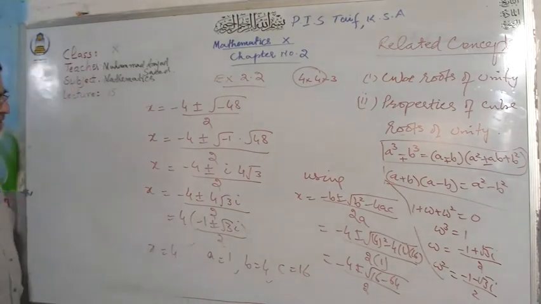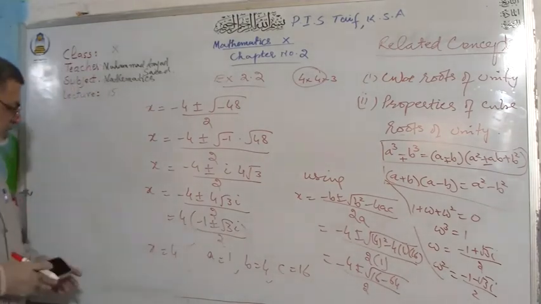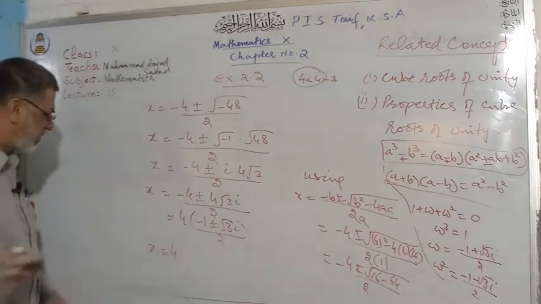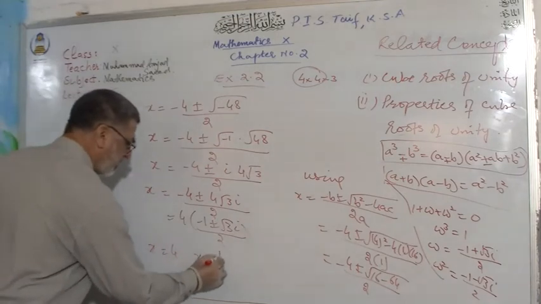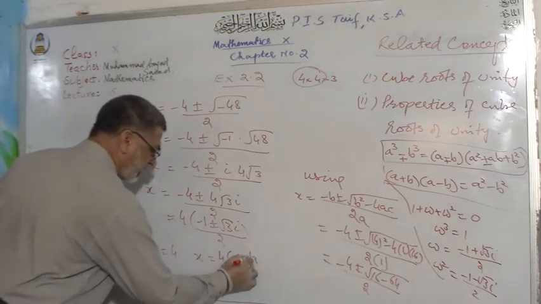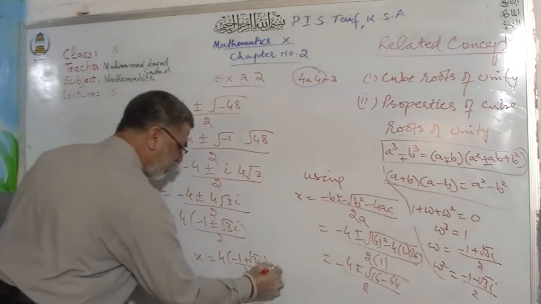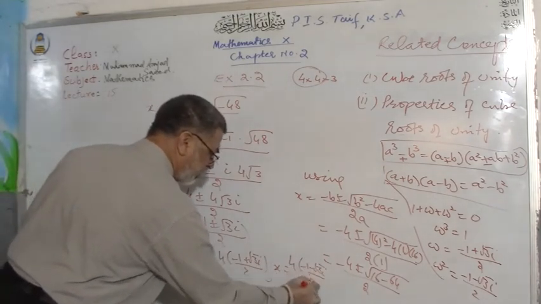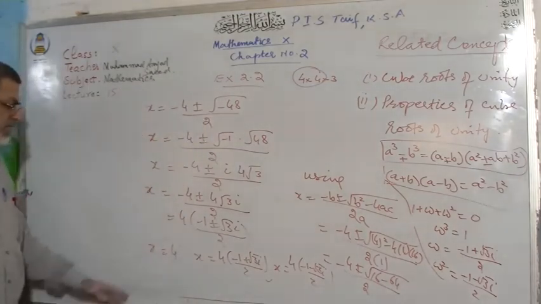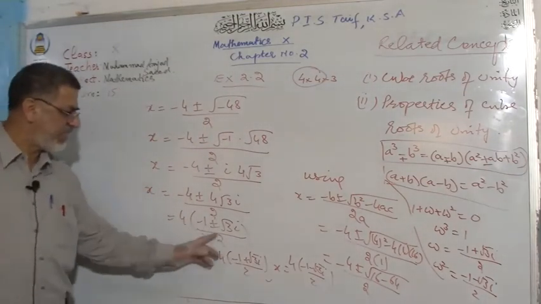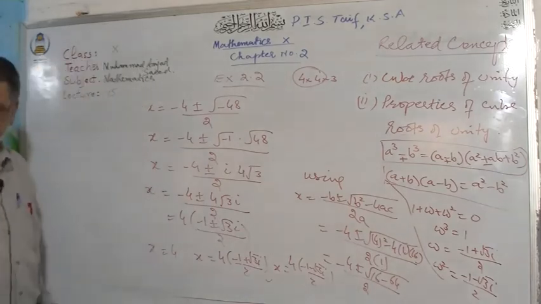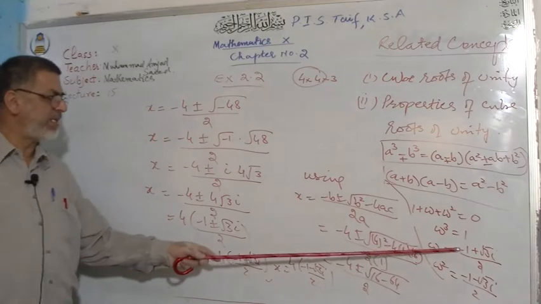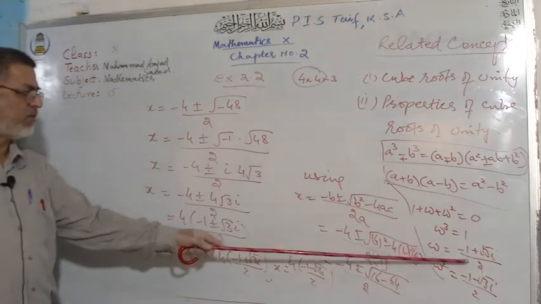Dear students, you can check how we can write this one. x is equal to 4 into minus 1 plus under root 3 iota over 2, and x is equal to 4 into minus 1 minus under root 3 iota over 2. Remember that we have written with both positive sign and negative sign separately. And you can check now, with positive sign this minus 1 plus under root 3 iota over 2, what is that?